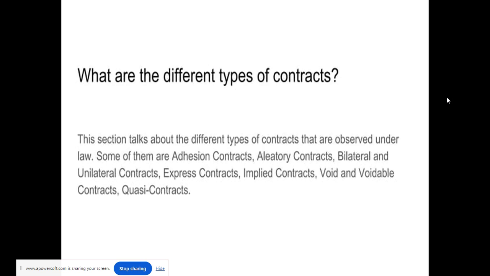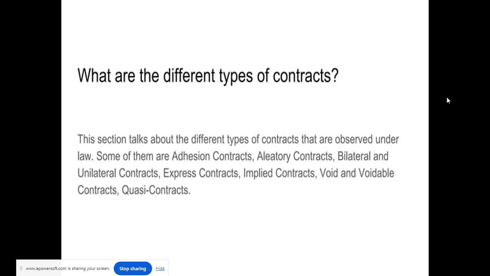There are different types of contract, and not only different types but different natures of contract also. Then there is the other part, that is, the legal obligation. An agreement can become a contract only when it results in a legal obligation. Legal obligation means any duty enforceable by the law.